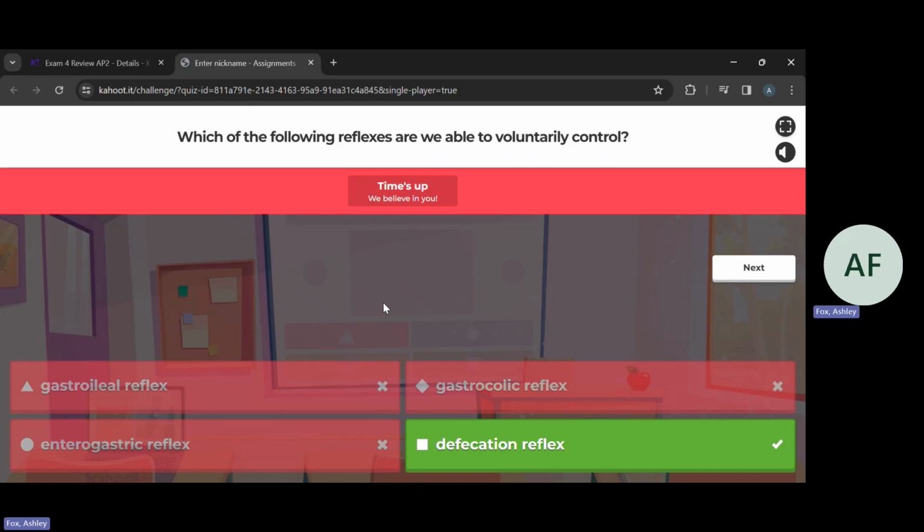Gastroileal reflex, gastrocolic, and enterogastric, all foods hitting the stomach, and there's going to be signals going to the ileum to kind of empty out into the colon to empty out as well, and then the small intestine to start getting ready for food because it's going to be coming out of the stomach eventually.